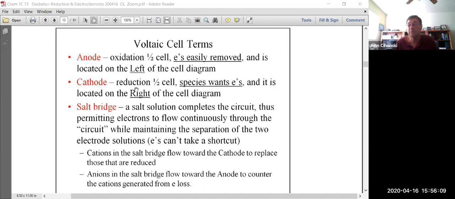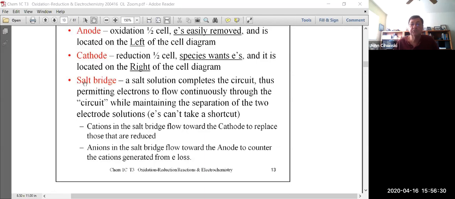So if it was a copper silver system, silver would be here at the cathode, and the copper metal would be the anode. Okay, so it's relative to the pair's ability to be oxidized or reduced.